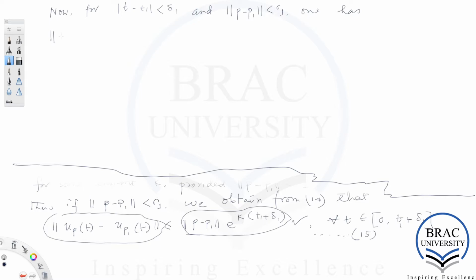The norm of the difference of these two vectors, theta(t, p) minus theta(t1, p1).